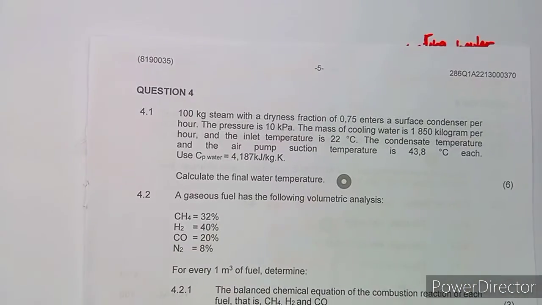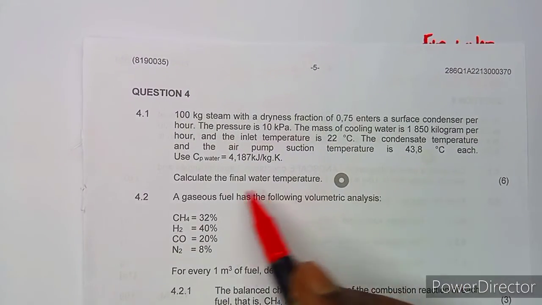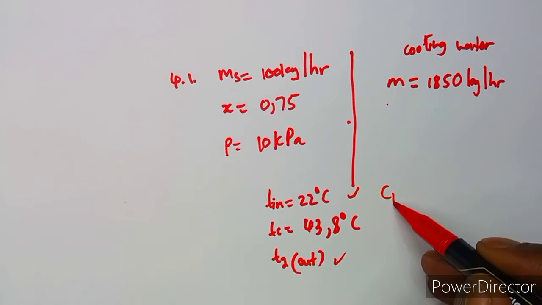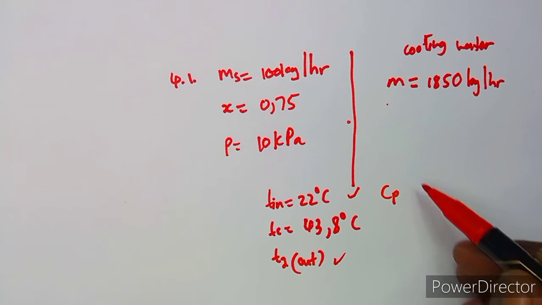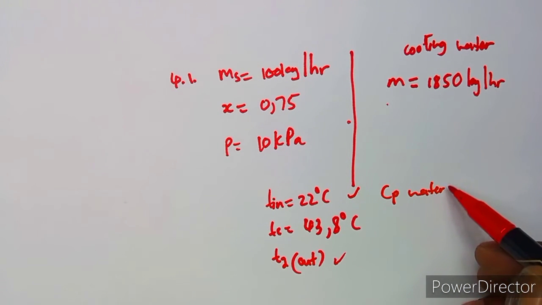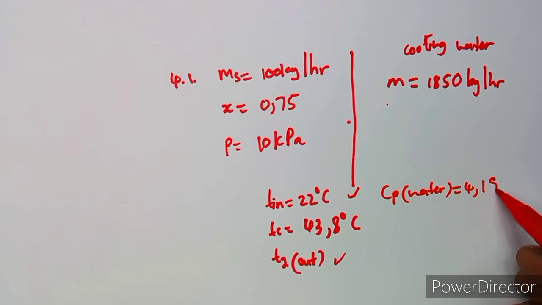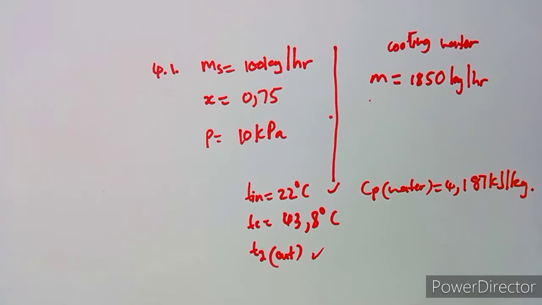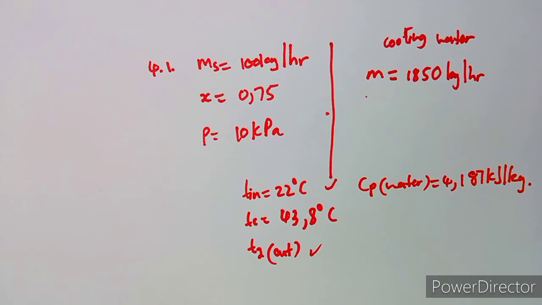So where are we going to have this given the specific heat capacity of water at constant pressure, which is 4.187 kilojoule per kg? Which information are we going to relate to in order to answer this question? Okay, so actually what is important is that we are going to work with enthalpy.